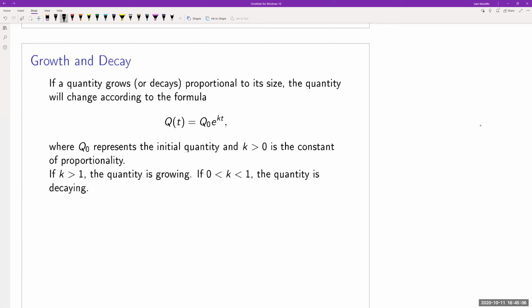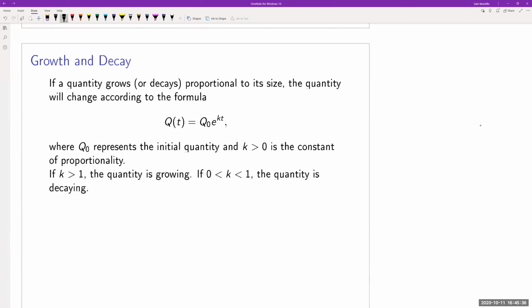So if a quantity is growing or decaying proportionally to its size, then we will be using an exponential formula to track this change. The formula here is given by Q of t is equal to Q0 times e to the kt. Q0 will be the initial quantity, and k we'll call the constant of proportionality, where a larger k indicates that we're growing, whereas a smaller k indicates that we're decaying.